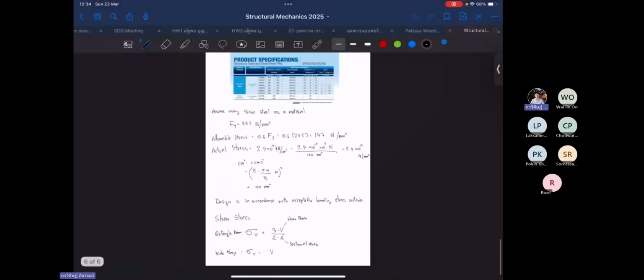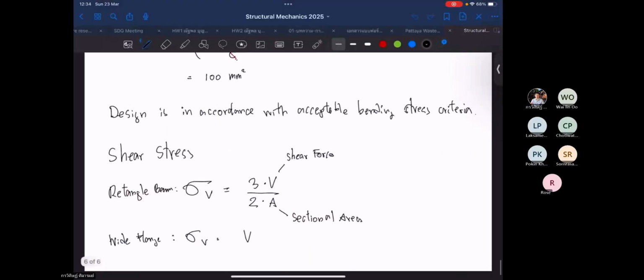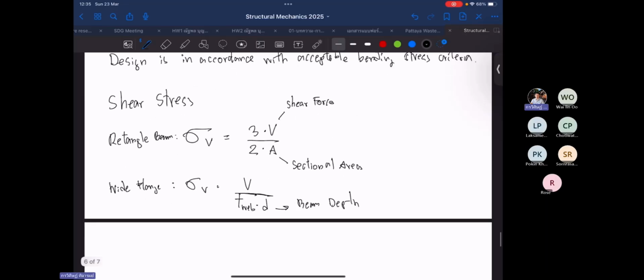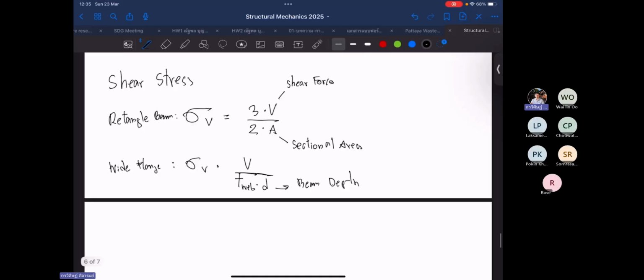Yep. V divided by thickness of the web multiplied by D. Okay, like this. Beam depth. Okay, in our case, our beam is a rectangular beam, so shear stress is 3 multiplied by shear force.